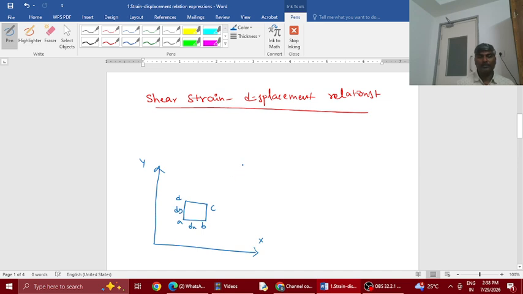Then go with the deformed shape. Now A dash, B dash, C dash. I call this as, say, theta 1. This I am calling as theta 2.